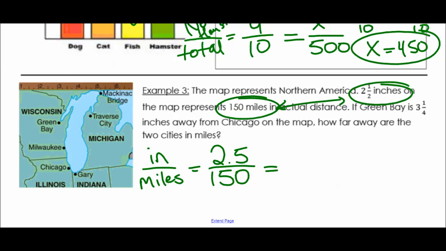On the second fraction, we're talking about Green Bay being 3.25 inches away from Chicago. We don't know the miles, but we know 3.25 is the number of inches. It's 3 and then that quarter part. The quarter is 0.25 as a decimal, so I just changed it into decimal. Really don't want to work with fractions inside of a fraction.